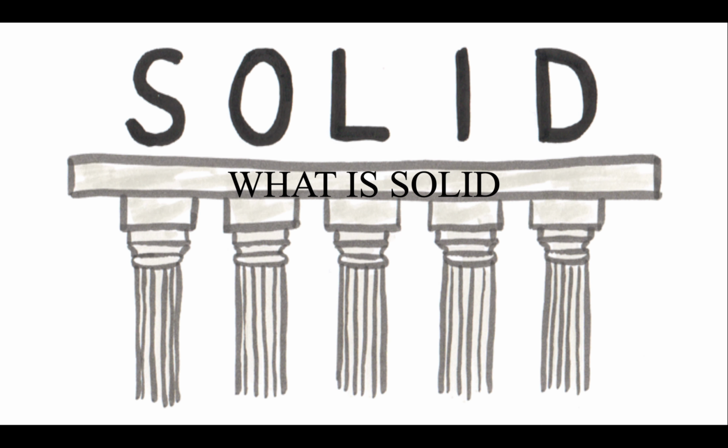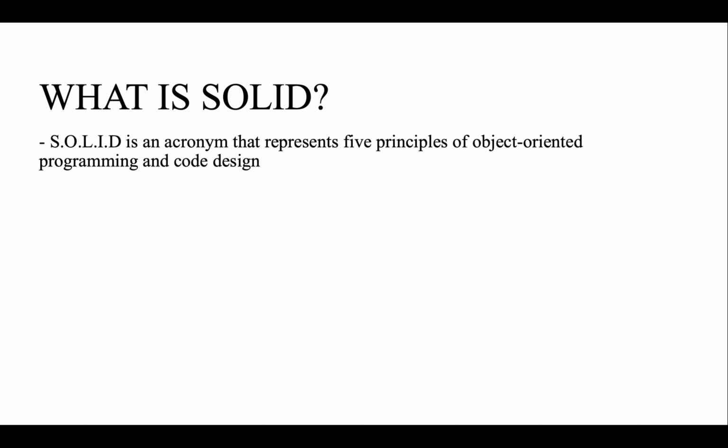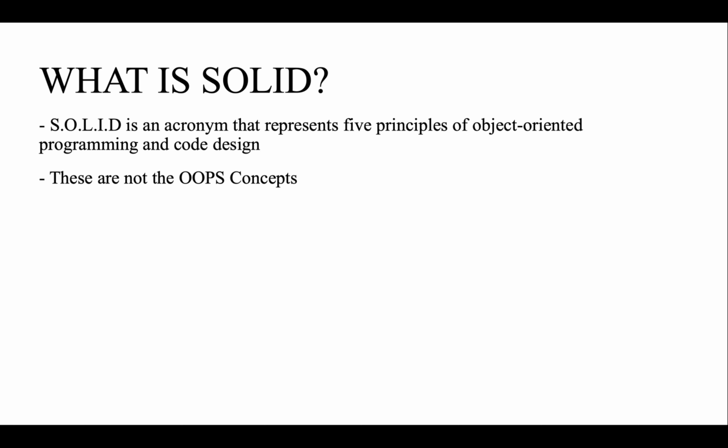Basically, SOLID is an acronym that represents 5 principles of object oriented programming and code design. And to clear your doubts, these are definitely not the object oriented programming concepts. Those are different things, and the SOLID principles are completely different.